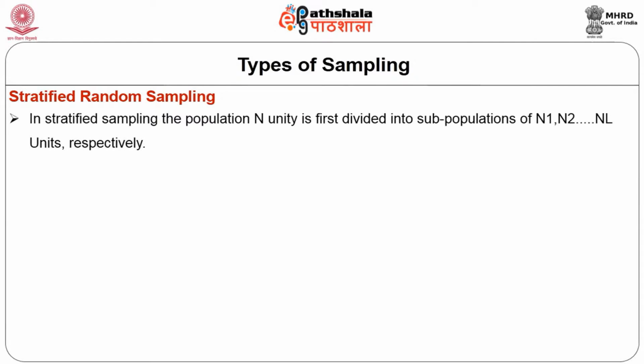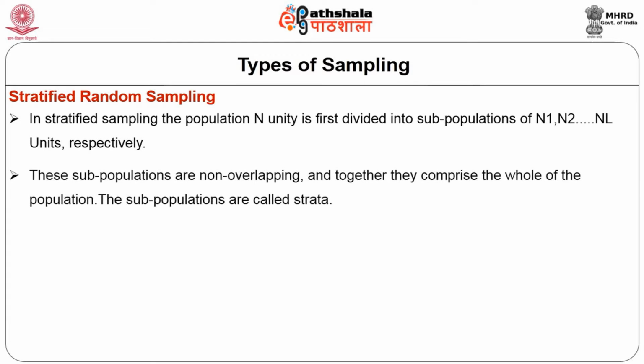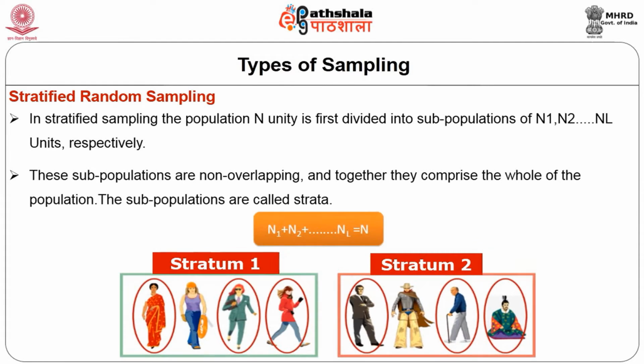In stratified random sampling, the total population we are considering for our research is first divided into subpopulations, or strata. These strata are non-overlapping. We know the characteristics of each stratum, and together they comprise the whole population. If we add all these strata, the total population is formed.